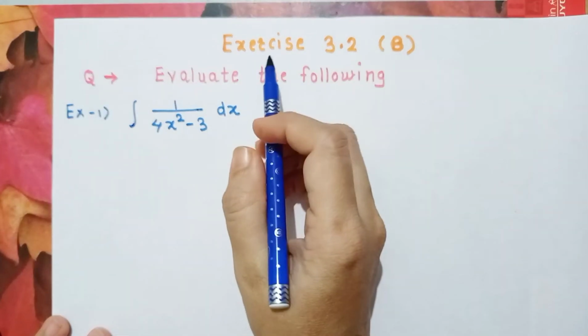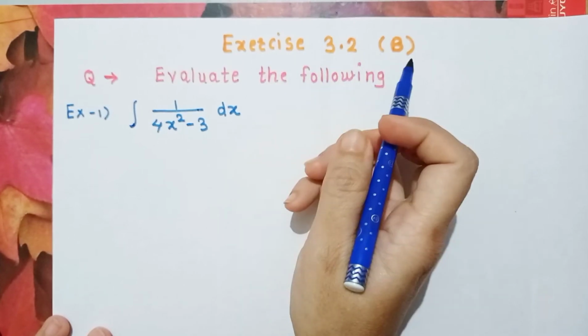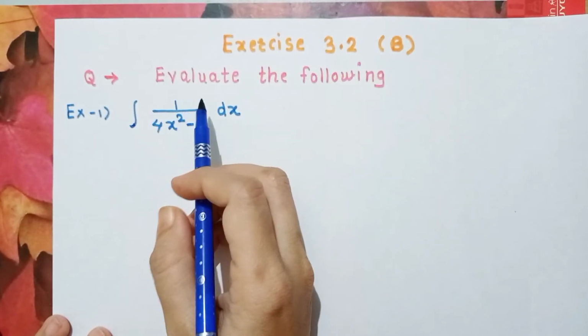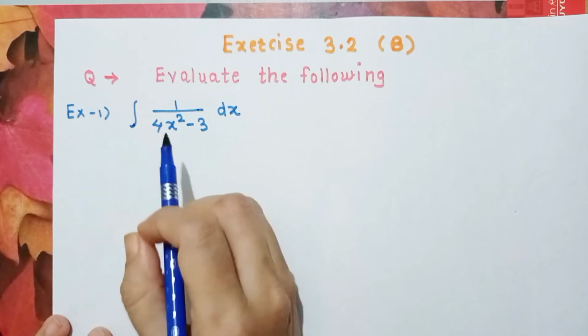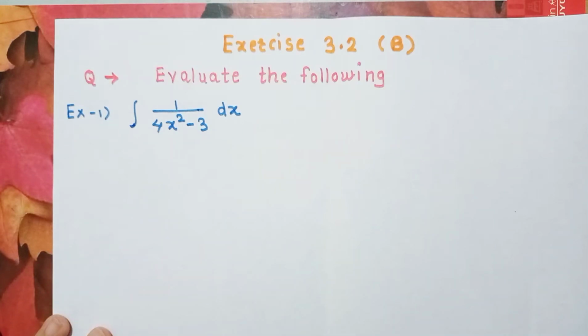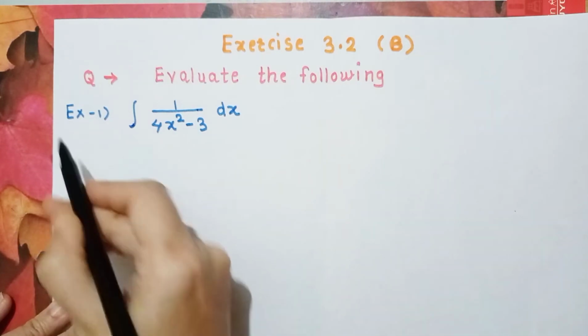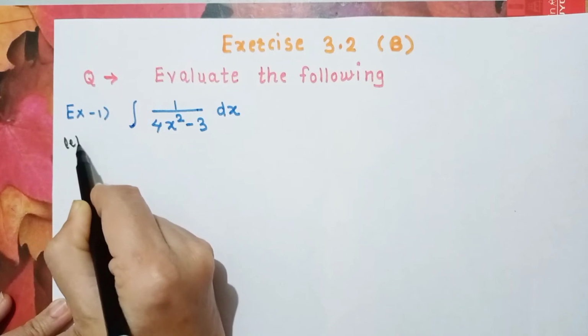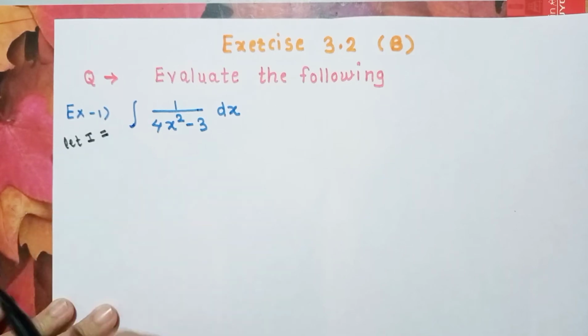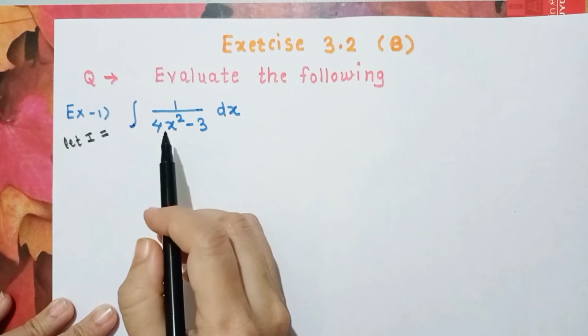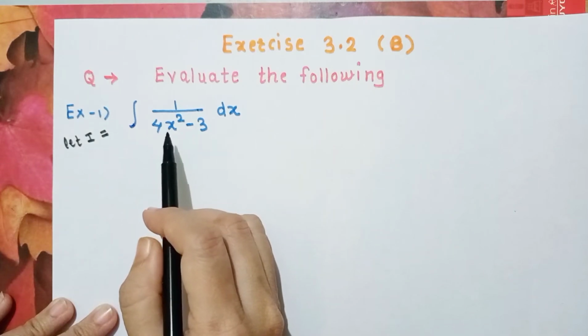So let's start exercise 3.2b, and our first question is evaluate the following, and this is our first example. Our first step is we will assume let I is equal to this given integral, and now check the coefficient of x square.